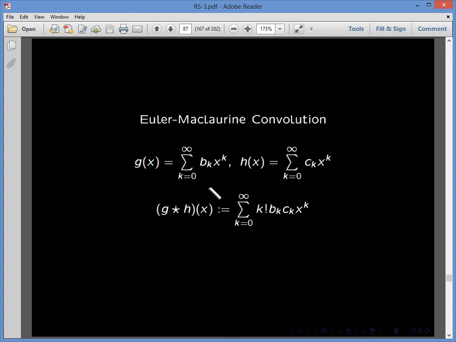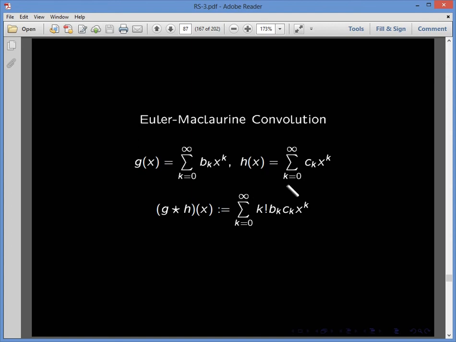So g of x, let's say, is a Taylor series or Maclaurin series, a power series, whatever you want. And h of x in here, they're possibly non-convergent series. And I'm going to define this convolution of g and h to be the product of coefficients multiplied by k factorial. Because of the k factorial, we're requiring that bk and ck, the growth rate, the radius of convergence, is pretty big, just like e to the x, so that you can win against the k factorial, so that it is also a convergent series.